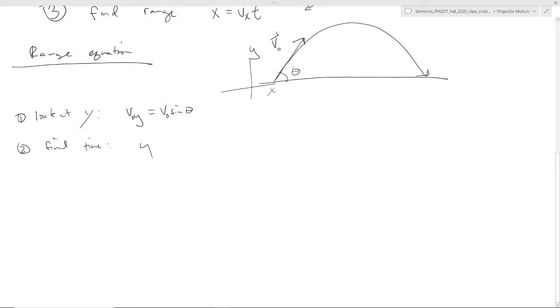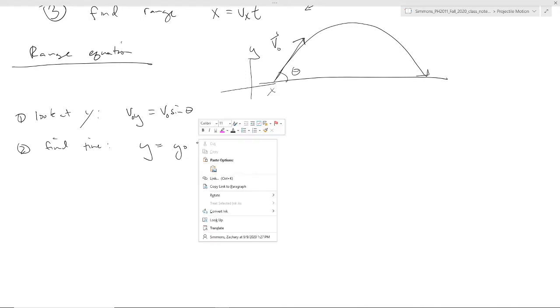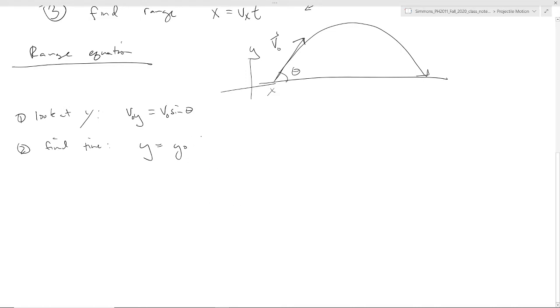Remember this one-dimensional kinematics expression we used all the time in Chapter 2: y is going to be y naught plus v naught t plus 1/2 a t squared. Let's make a couple notes here. If we're throwing and landing from the ground, from y equals 0, both y and y naught would be 0.